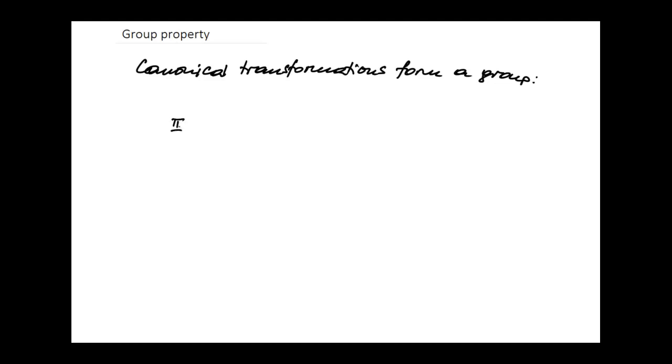Imagine the following situation. You have the phase space coordinates little pi, and first you perform a coordinate transformation to go to new coordinates capital pi. And then you apply to these new coordinates capital pi yet another coordinate transformation to go to coordinates capital pi primed.